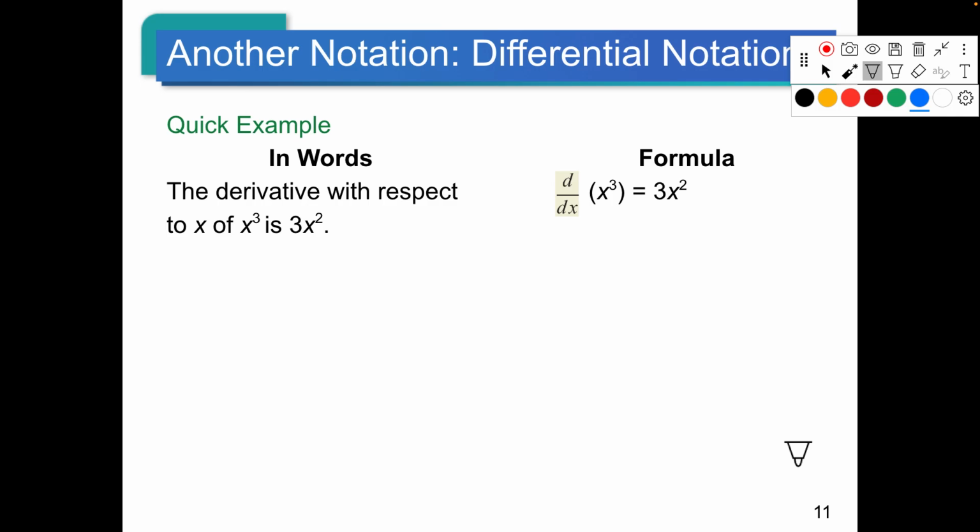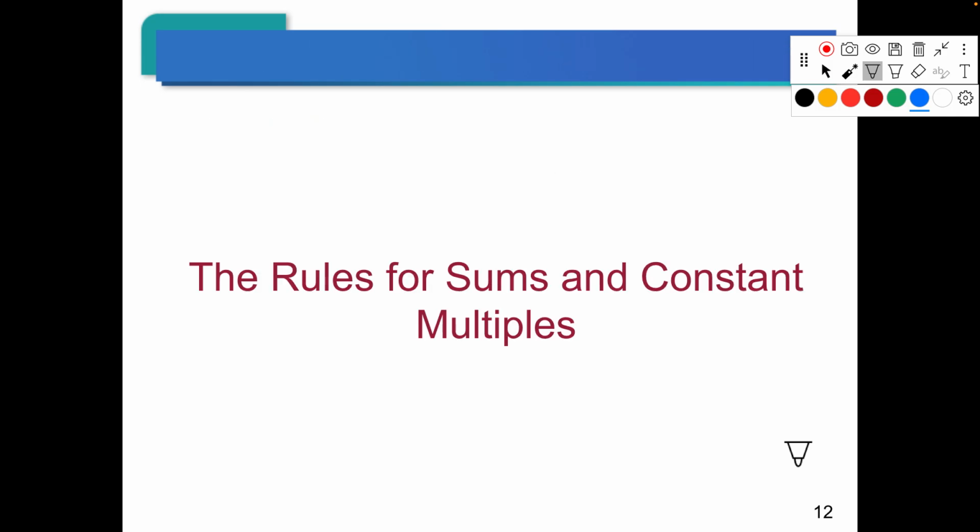Okay. Here's our first rule. We have the power rule if we only have one term, x to the 5th, right? Bring the 5 down, that's 5x to the 4th. What if we have multiple things that are being added and subtracted? What if our function looked like x to the 5th plus 3x squared minus 4x?